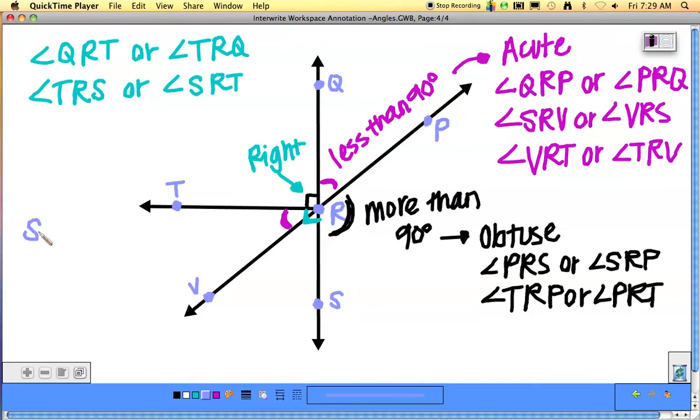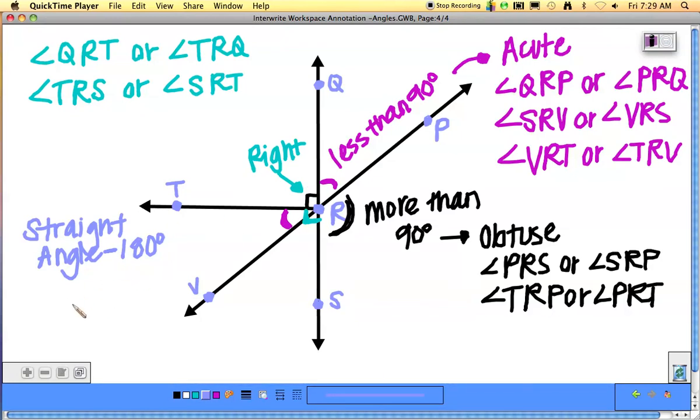Okay, and there's one more angle that we haven't talked about yet. It's really a simple angle. It's called a straight angle. And a straight angle means what it sounds like. It's a straight line, and straight lines measure 180 degrees. It's double the right angles.